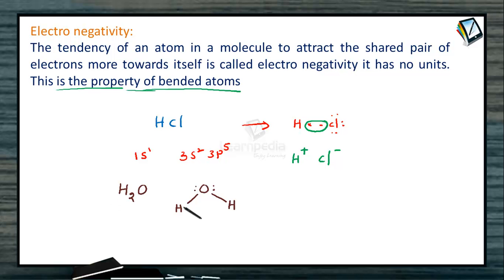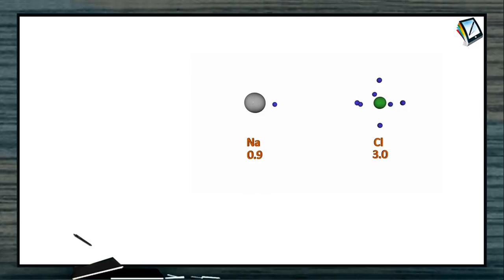Here also, due to the high electronegativity of oxygen, the bonded electrons are attracted towards the oxygen, which has partial negative charge, and hydrogen has partial positive charge, which leads to the formation of hydrogen bond also, that we will discuss later. That means the pulling capacity of bonded electrons of an element is nothing but electronegativity.